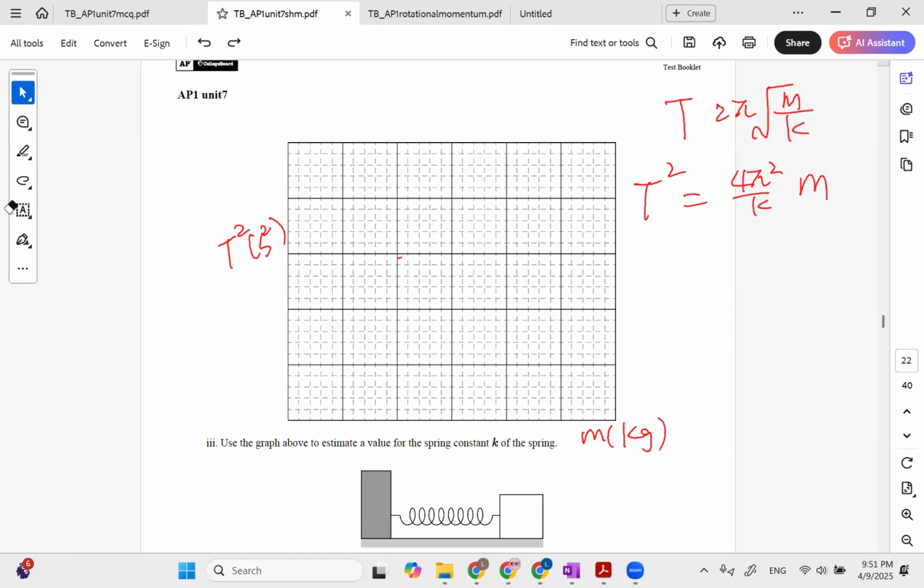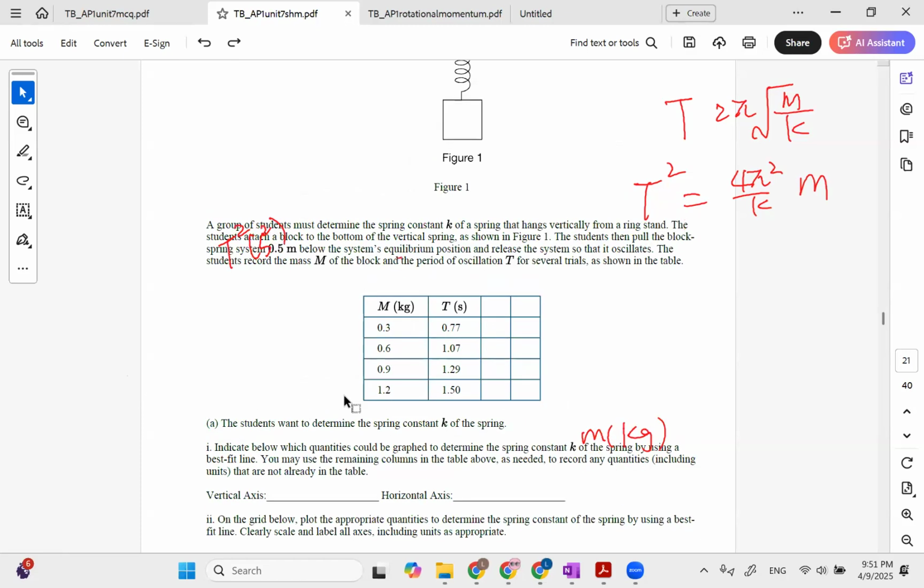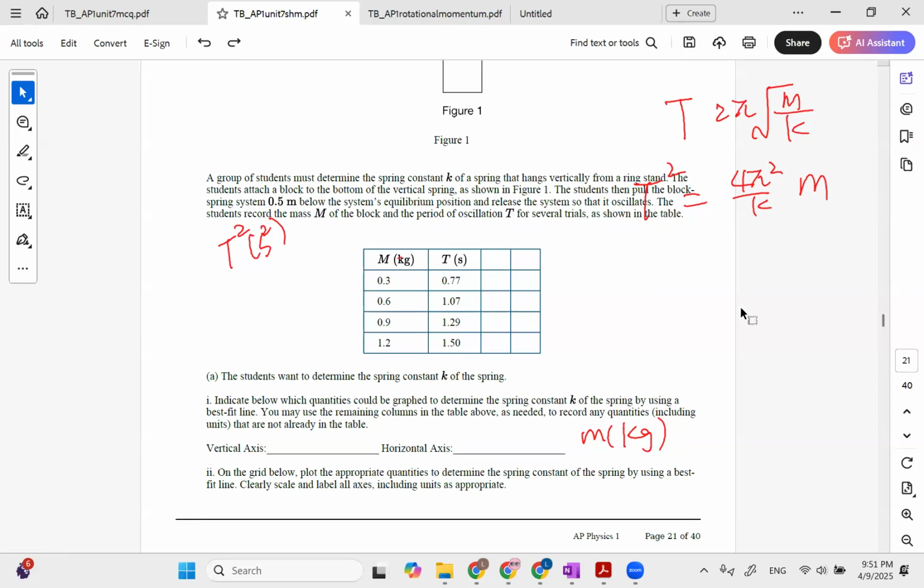And in this case, your measurement, you only measure mass and period, right? That's why you need to calculate T square. You are given an extra column, right? You got it?